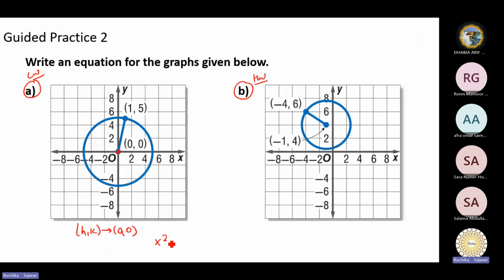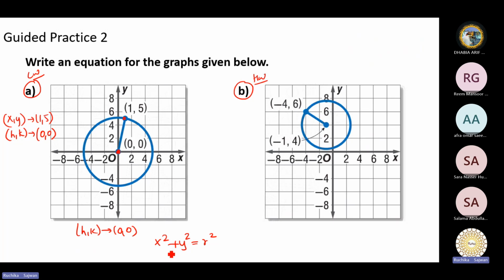So the standard form of the equation for the circle that I will use is x square plus y square equal to r square. Now, to get my radius, I need to use this point. In place of x and y, I will put the point 1, 5. And in place of h, k, I will put the center, which is 0, 0 or origin.